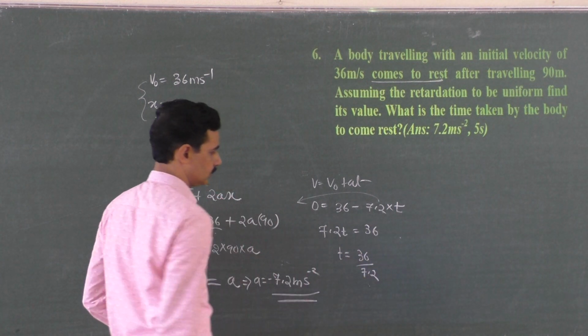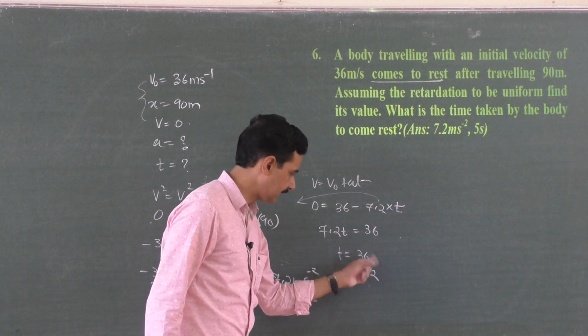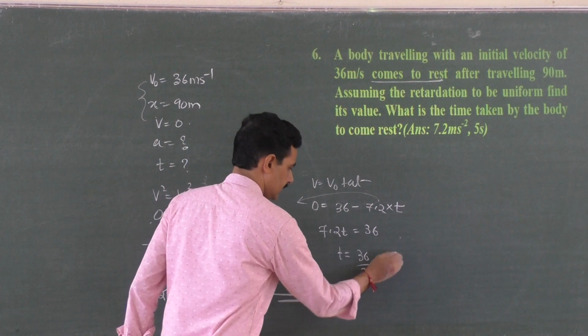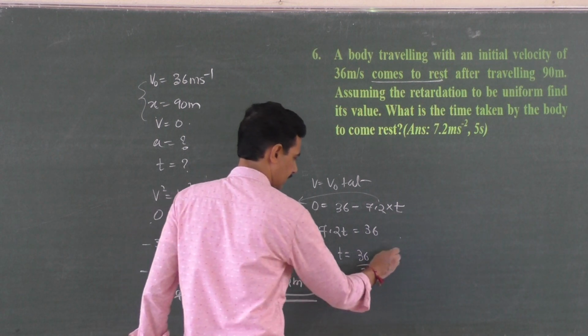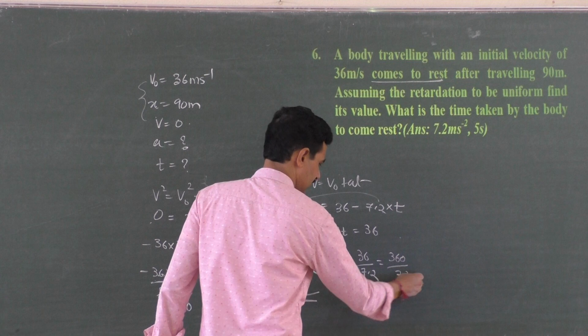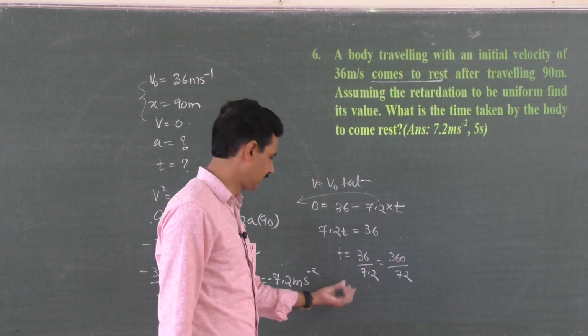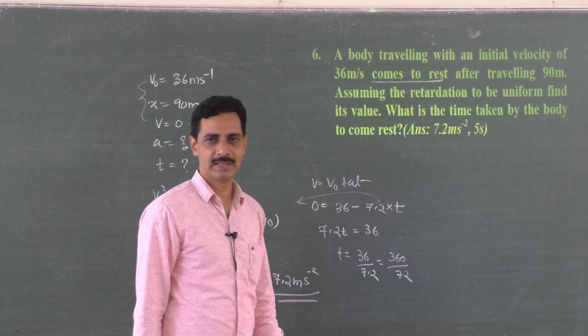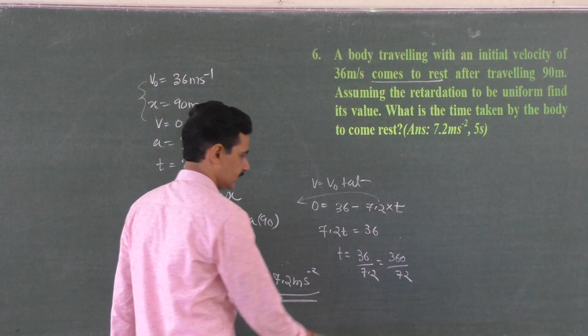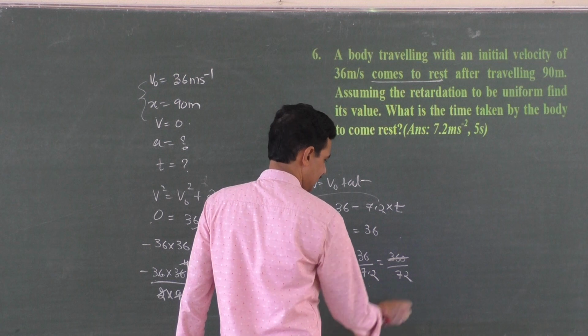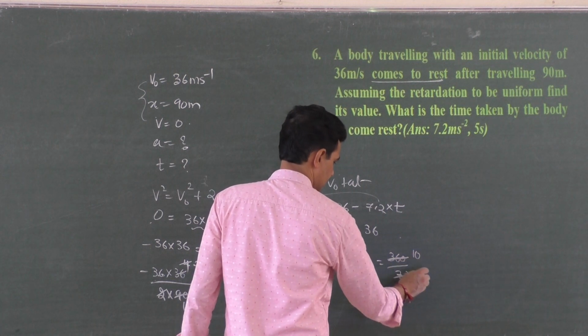Suppose this was 72. It is 72, so 10 times should go. Right? Now multiply by 10 and divide by 10. Then it becomes 360 by 72. I don't like fractions, so I multiply everything by 10 and divide by 10. So 360 by 72. That comes to 36 10 times and 36 2 times.